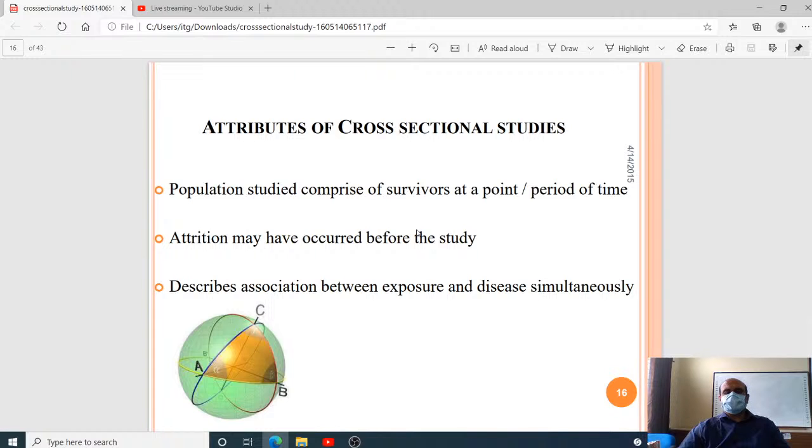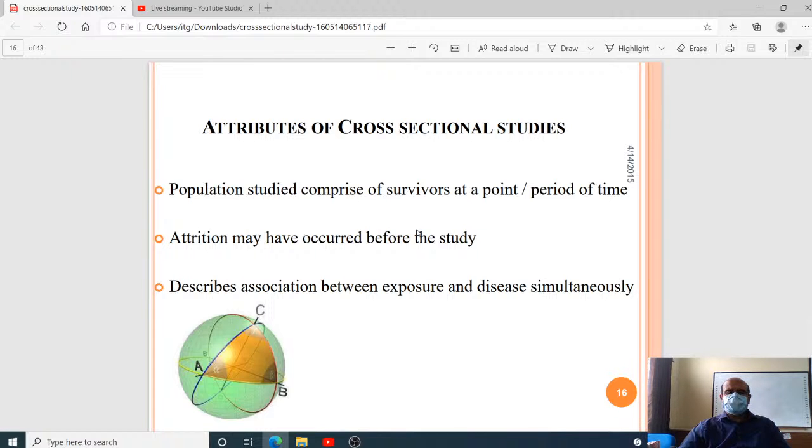Now, the attributes of cross-sectional studies are: the population studied comprises survivors at a point or period of time.